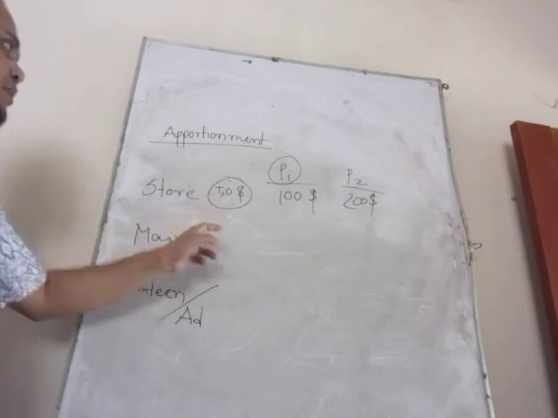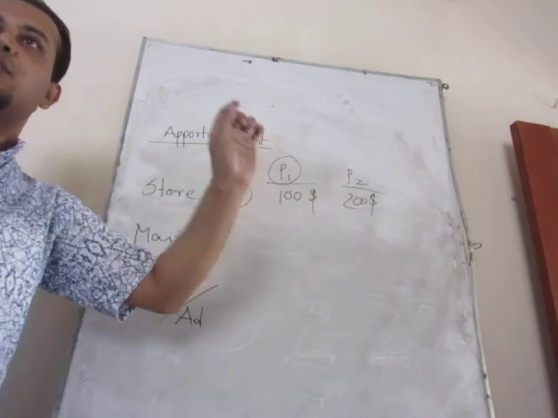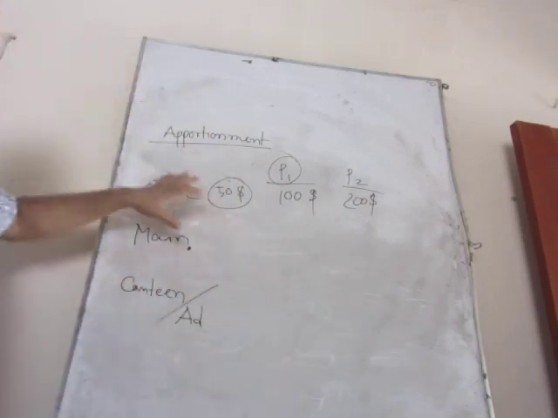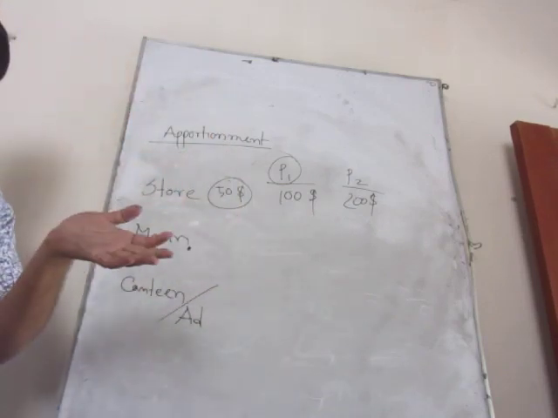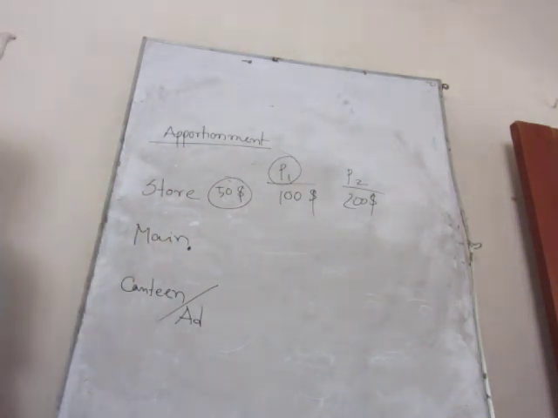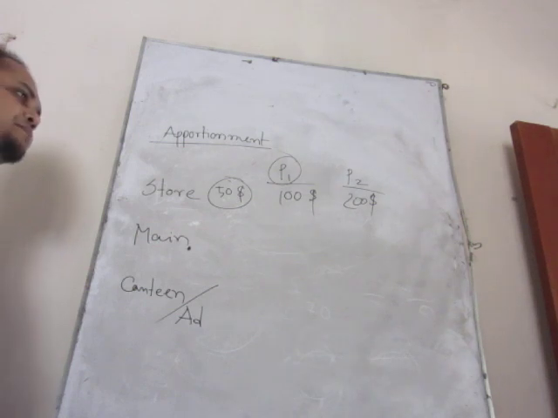So this $50 will be apportioned between these two in a 1:2 proportion. Clear? So the value of the store should be apportioned between the production departments depending upon the value of material requisition by the departments.